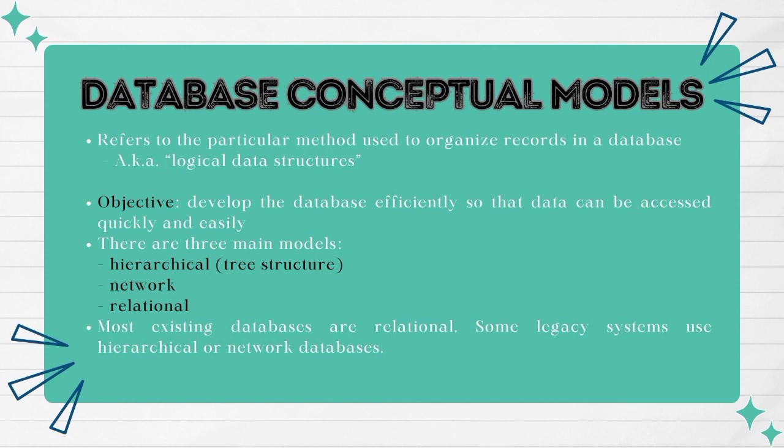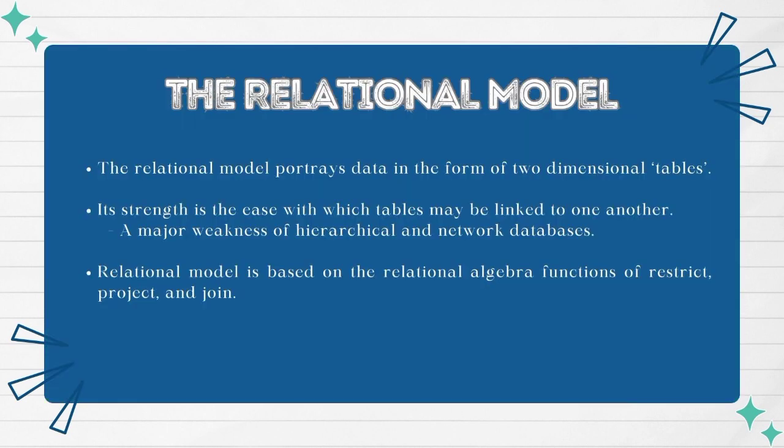Most existing databases are relational, and some legacy systems use hierarchical or network databases. In here is the relational model, which portrays data in the form of two-dimensional tables. Its strength is the ease with which tables may be linked to one another, and a major weakness of hierarchical and network databases.